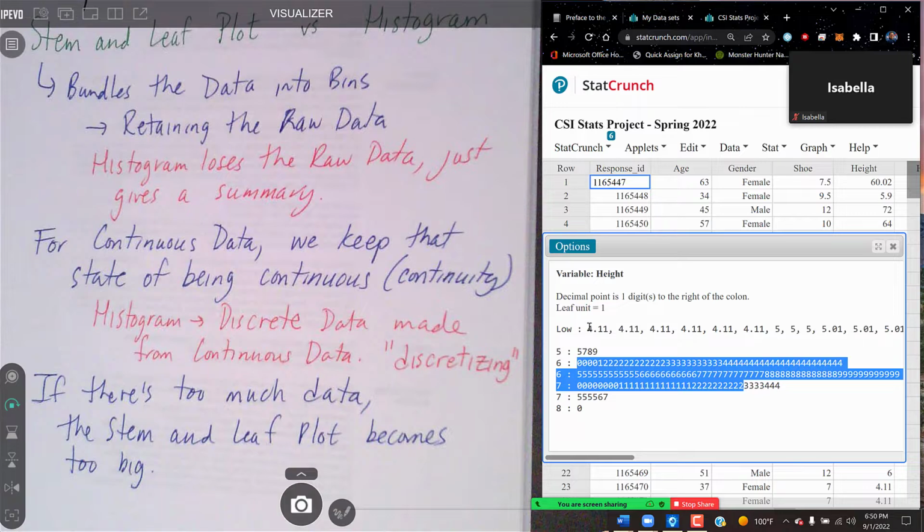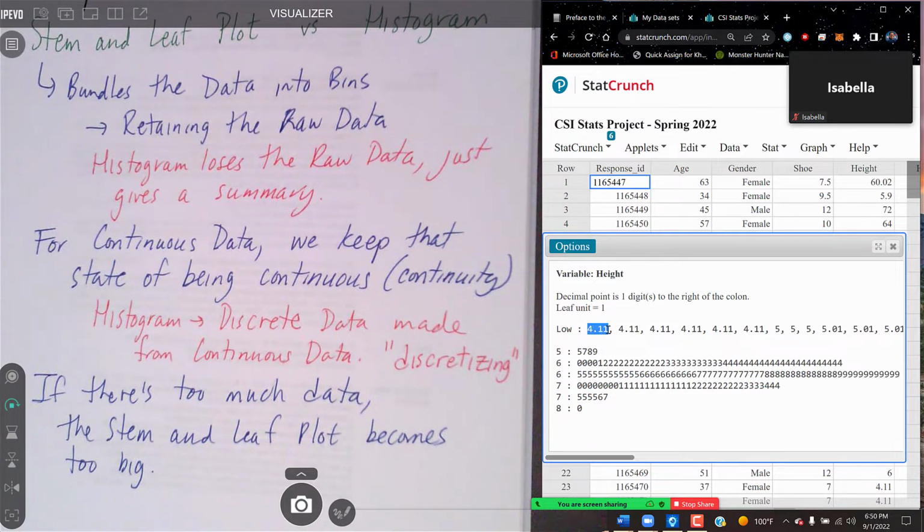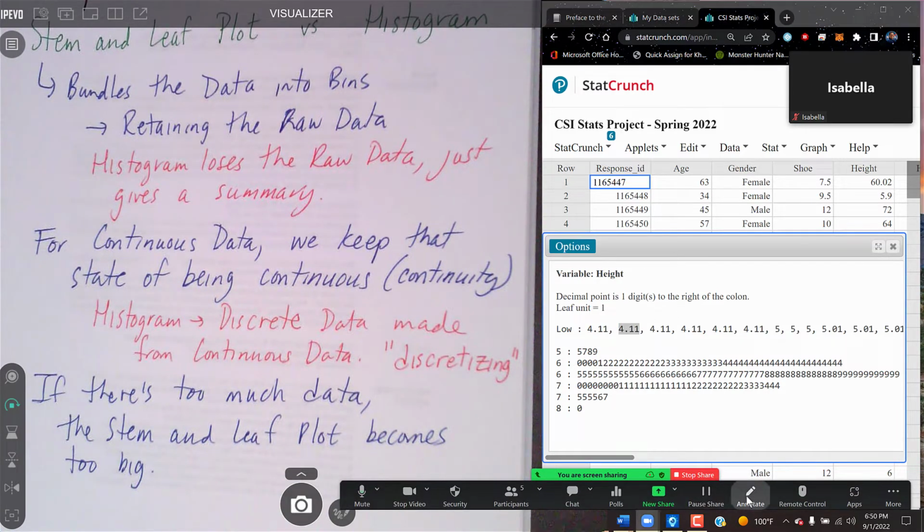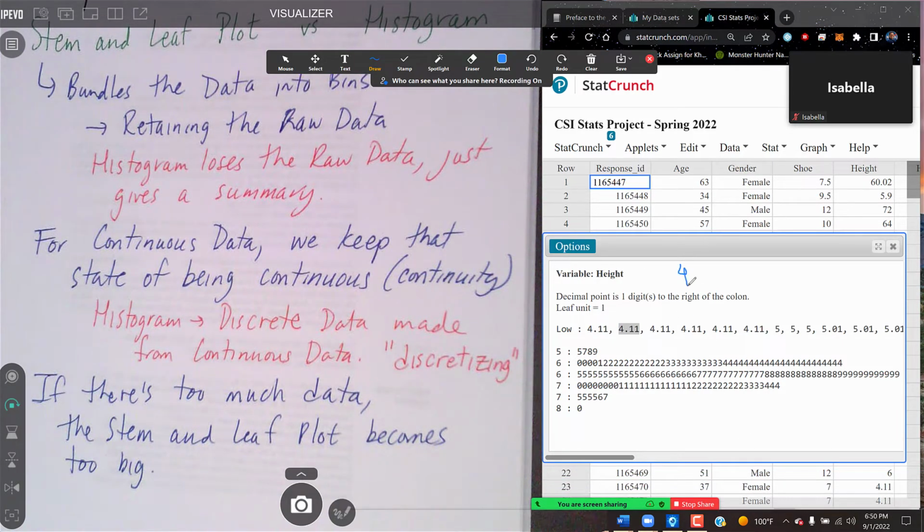Notice I've got some that say 4.11. These people, rather than following the instructions, wrote that they are 4 foot 11 inches. The instructions told them how to figure it out: you take this number, multiply it by 12, and you get 48.